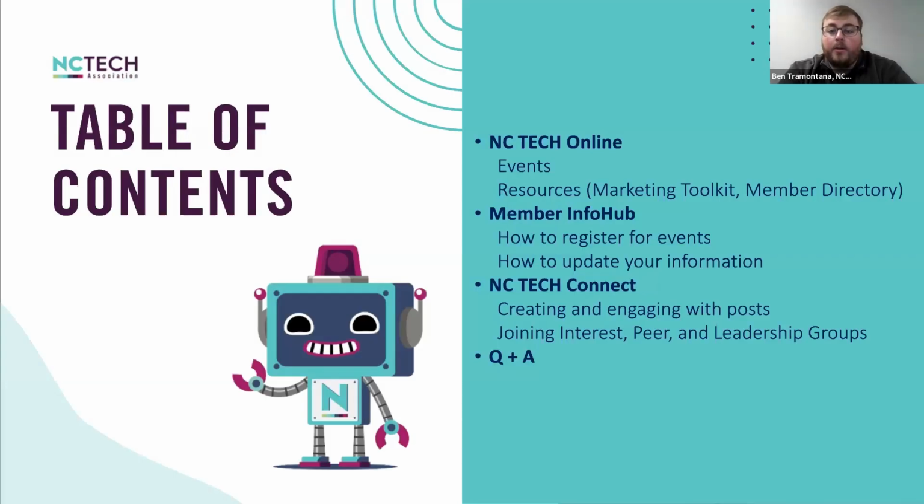That is where you can register for events, update personal information, and I'll go over a little bit more about how you get logged into that later. We'll also be going over NC Tech Connect, which is our social platform exclusive for members. There you can create and engage with posts, join interest, peer, and different leadership groups as well. And then we'll have a small time for some Q&A at the end.